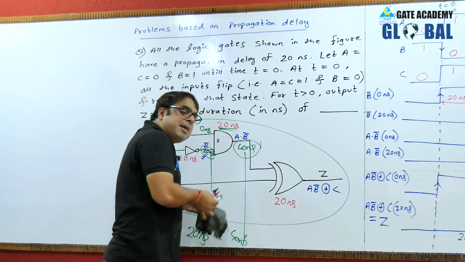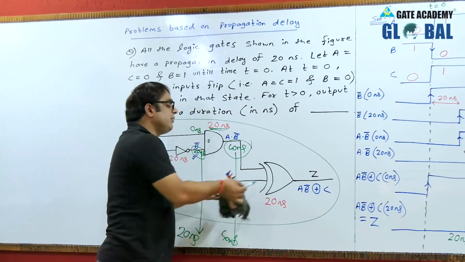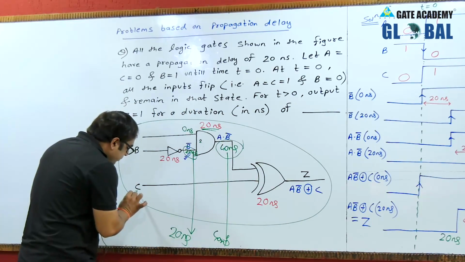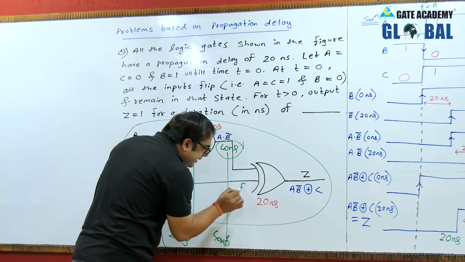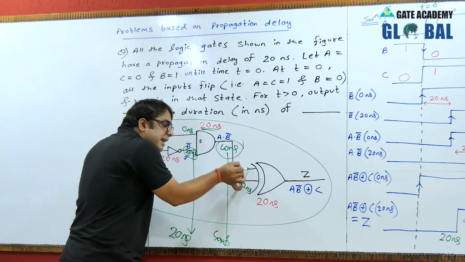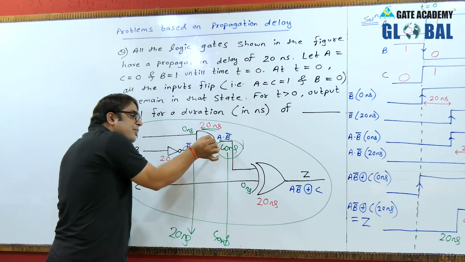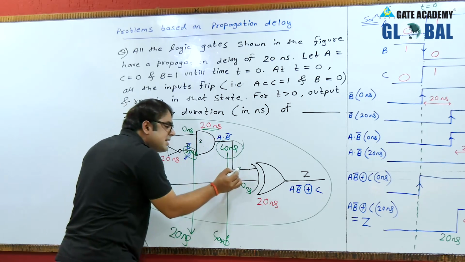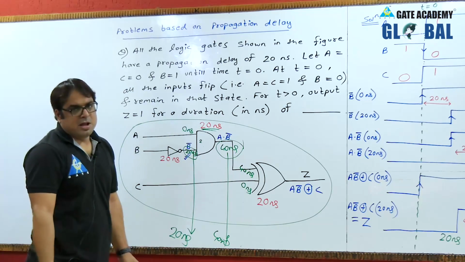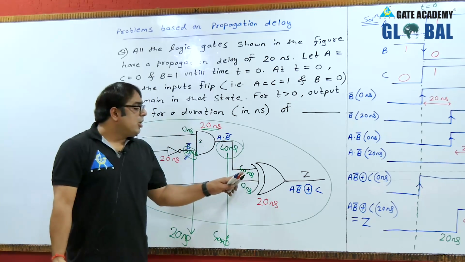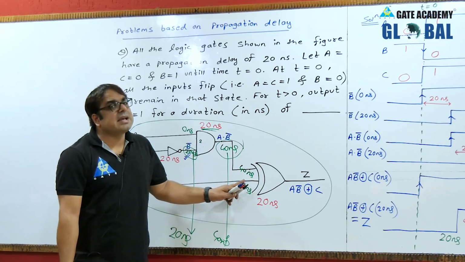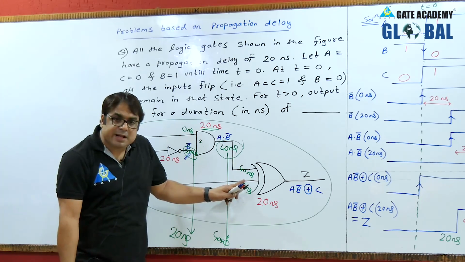Again, a similar discussion for this XOR gate. Now see, this input C is available at 0 nanoseconds only. But this input of the XOR gate, coming from the output of the AND gate, is stable at 40 nanoseconds. So my question is, at what time will all the inputs of this XOR gate be stable?